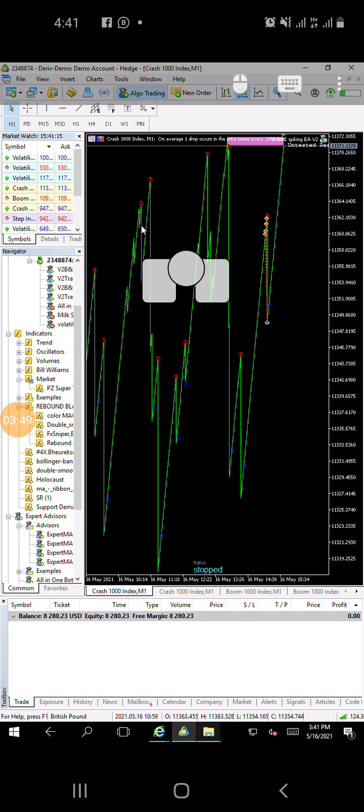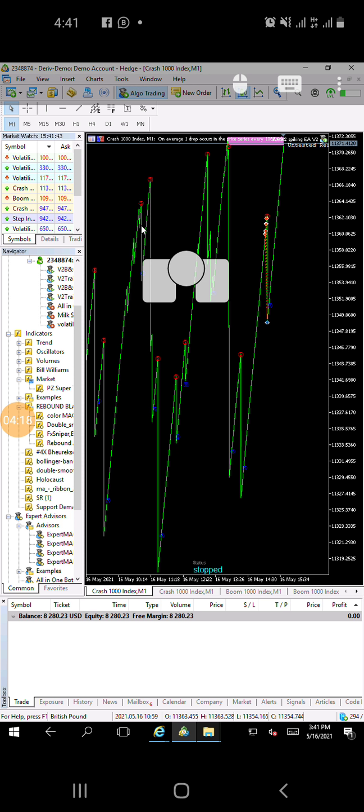But if someone can just stick to the rules of the spiking robot, you see this spiking robot I'm talking about, there is no way you'll be using the spiking robots and you will be losing in the forex. So that one is certain. So far one sticks to the rules. It is only when one tries to avoid the rules that you will be experiencing loss in the forex.